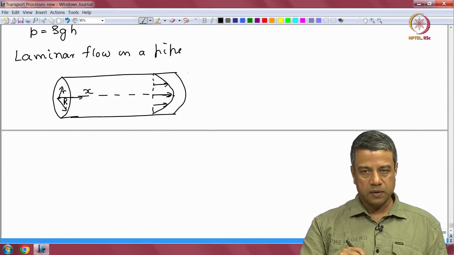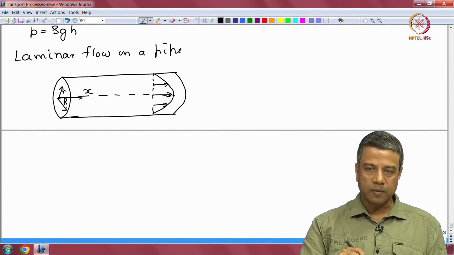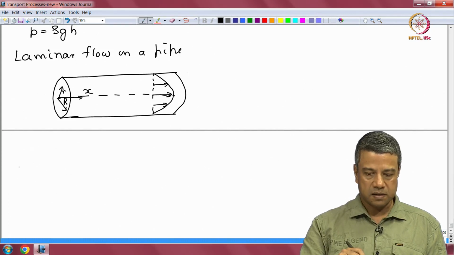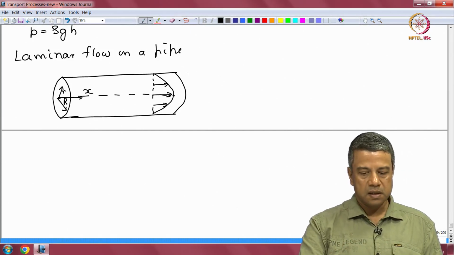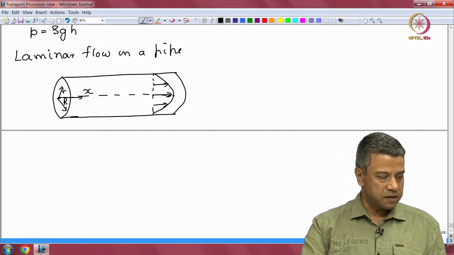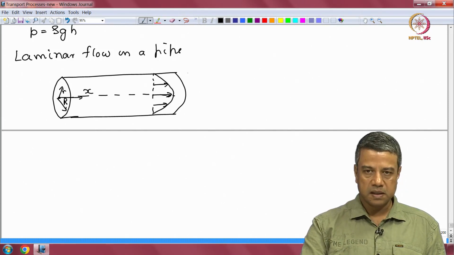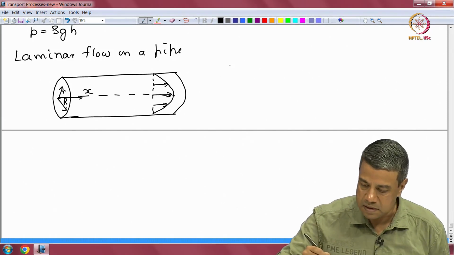And we will get an equation for the momentum balance in the x direction, the balance equation for the x momentum, by considering a differential volume bounded by surfaces of constant coordinate. So, in the radial direction, the surfaces are at r and r plus delta r, separated by infinitesimal distance delta r. In the axial direction, the surfaces are at x and x plus delta x, separated by an infinitesimal distance delta x.